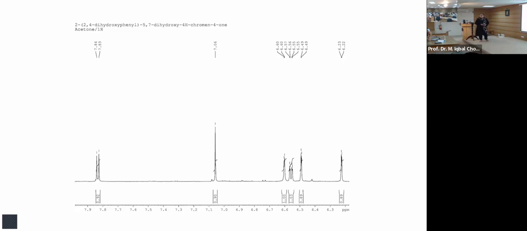Whenever this kind of situation appears, you need to calculate the J value of 1,2 and 1,3. So here 1,3 means 6.57 minus 6.56, and 1,2 is 6.57 minus 6.55. This is the J value you need to calculate.